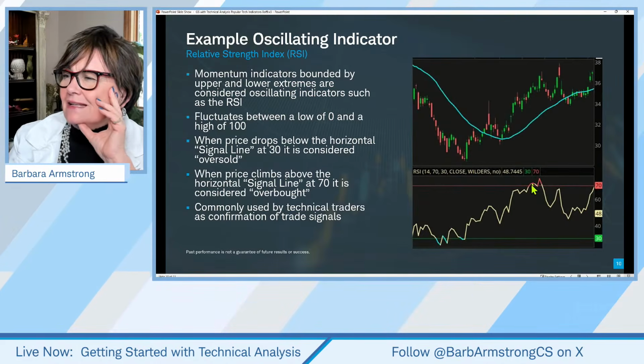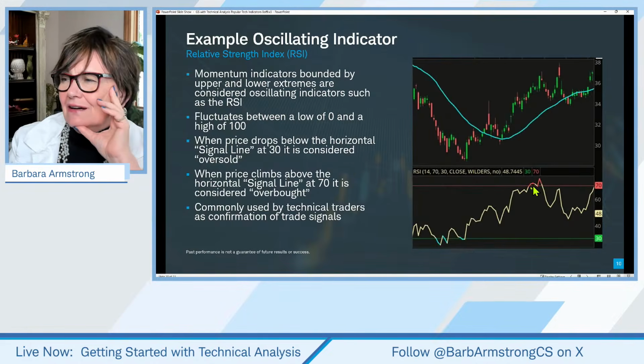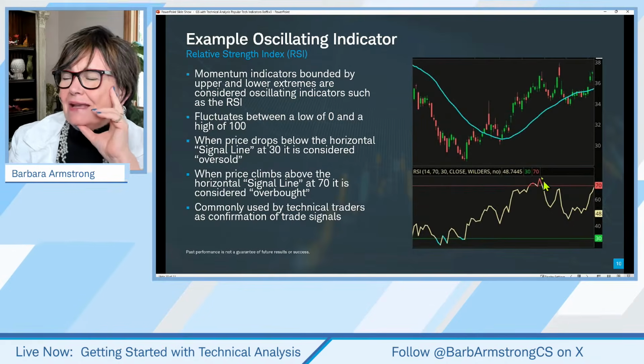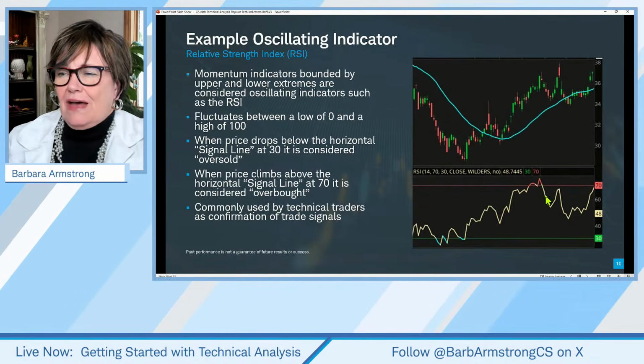And when it's above the 70, some might say, hey, it's in pretty high territory here, might be considered overbought. Some might consider doing a little bit of profit taking if it closes back below that 70 line.